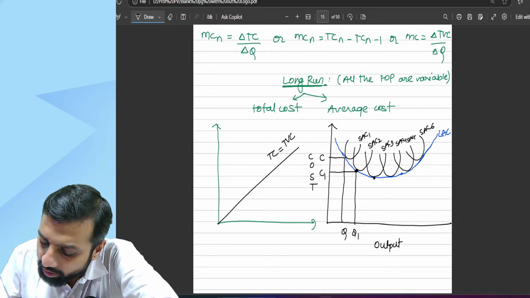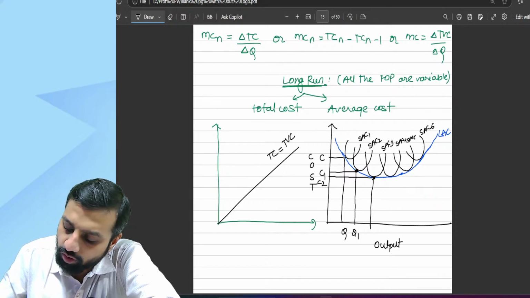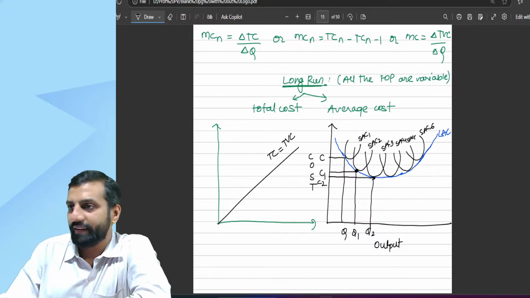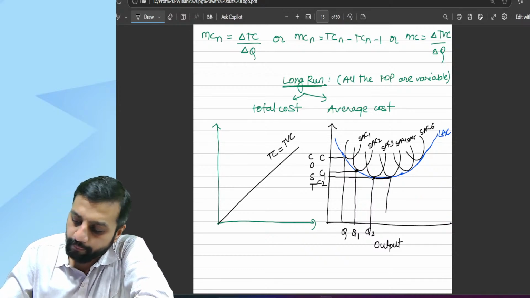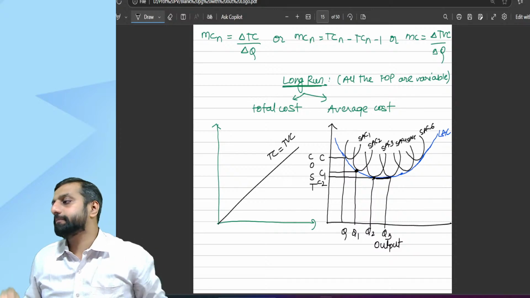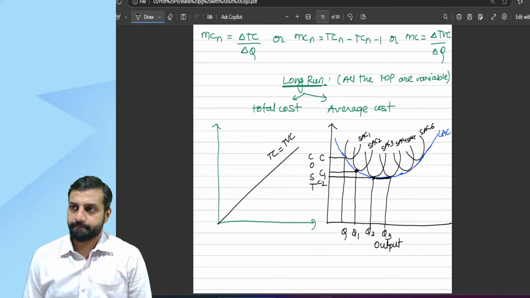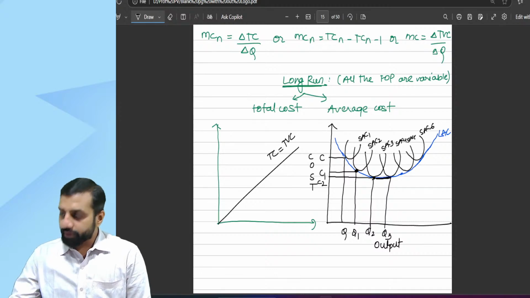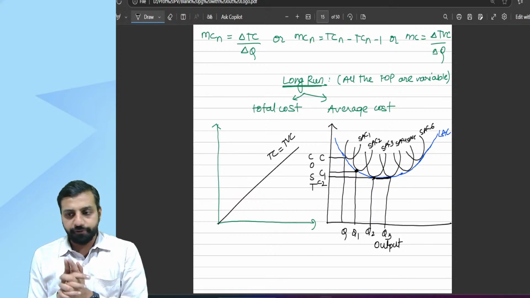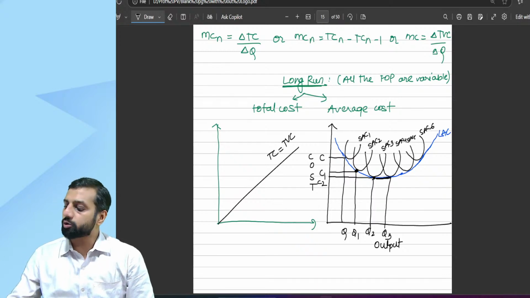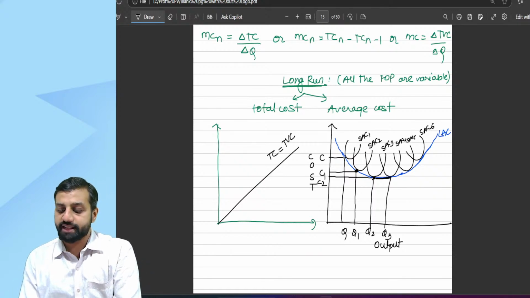Even better to produce at C2, Q2, and at C2 we can also produce Q3. So what will a producer prefer? Will he prefer a higher cost and a lower output, or a lower cost and a higher output? What will the producer prefer? Please let me know in the chat box.